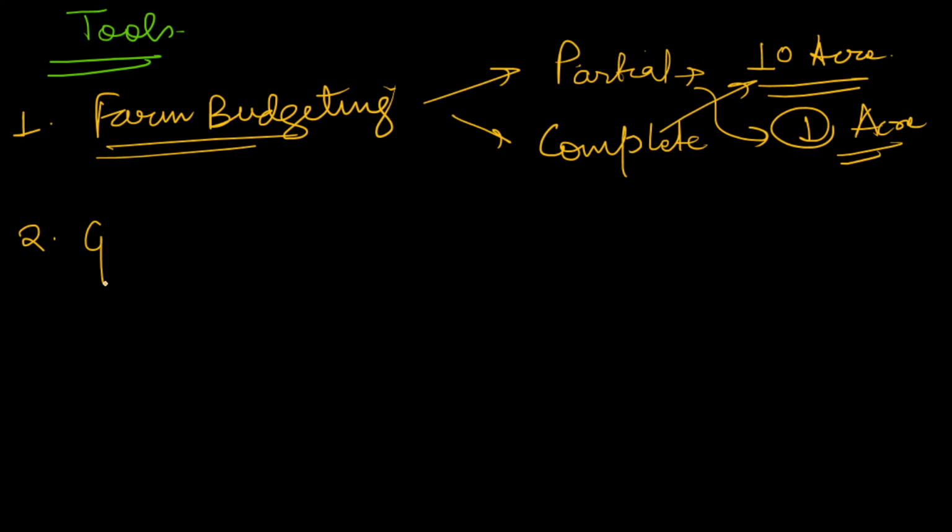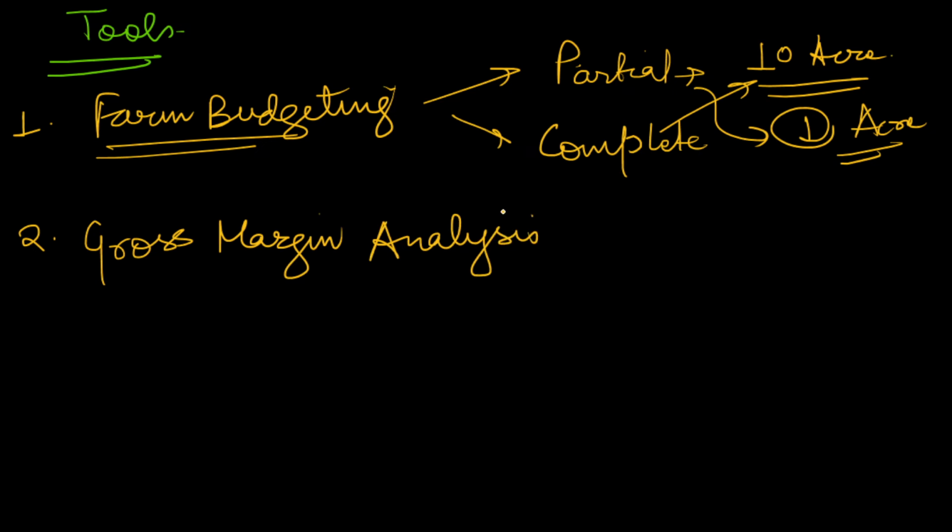Secondly, we can mention gross margin analysis. We can analyze our gross margin. If our gross margin is low, obviously our profits will be low. So what is gross margin? It is total revenue minus costs.